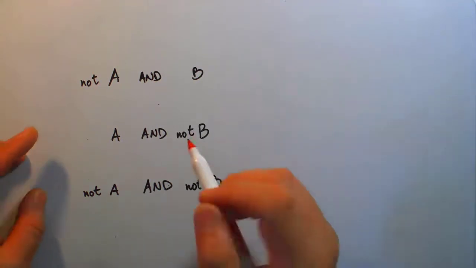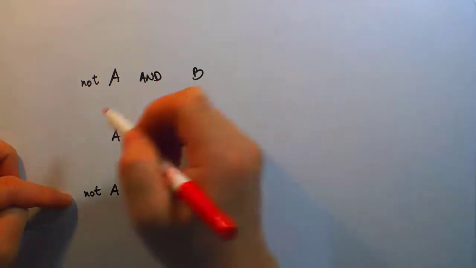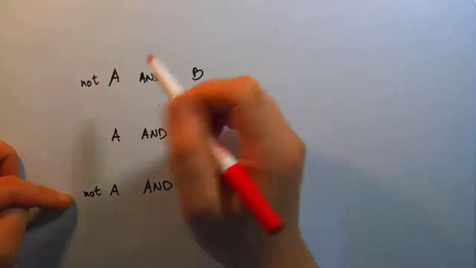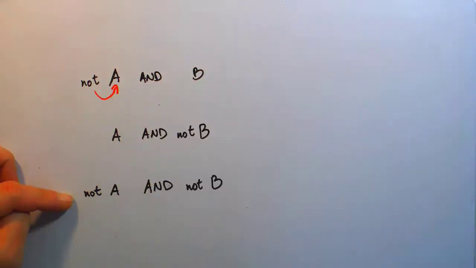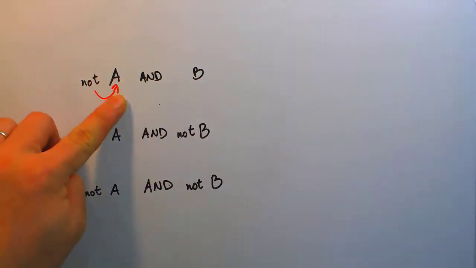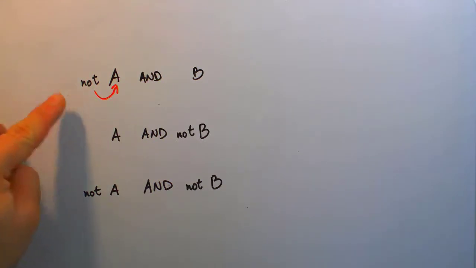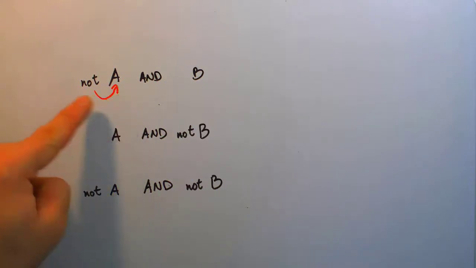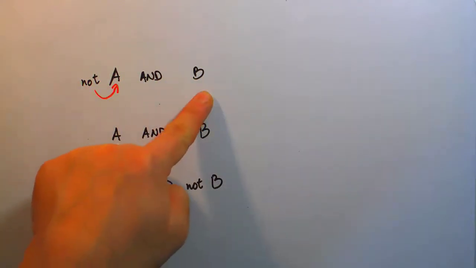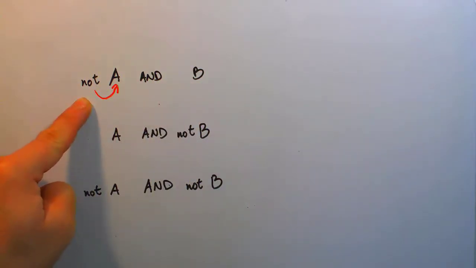When you have these three main structures, remember what I explained earlier: the negation is only attached to the event immediately following it. In this first form, the negation is only attaching to A. That means A is being negated by that not, but this B is not negated, so B has nothing to do with that negation.